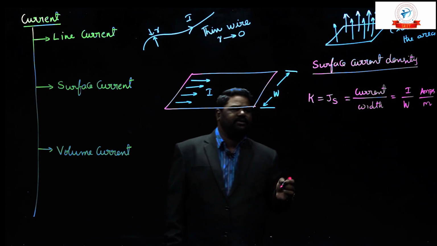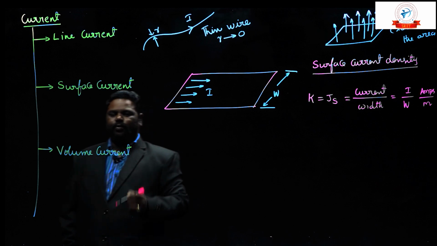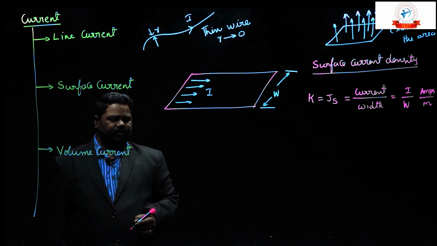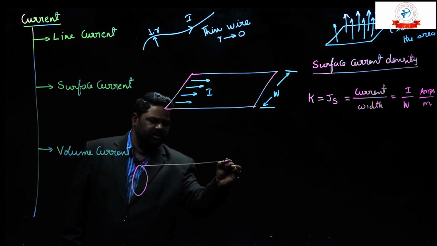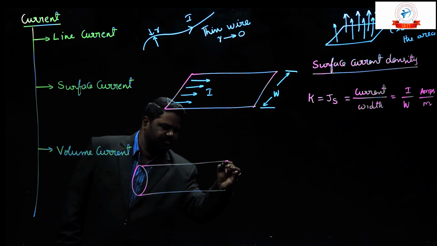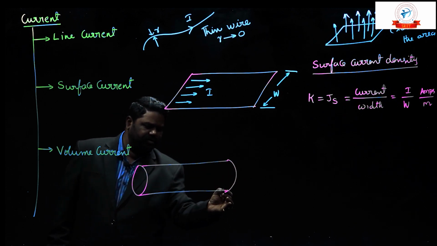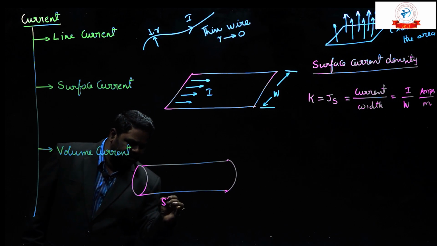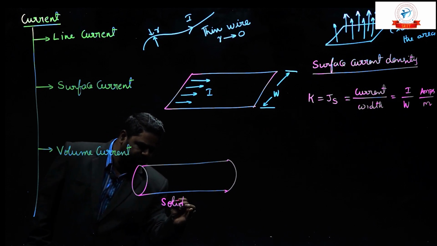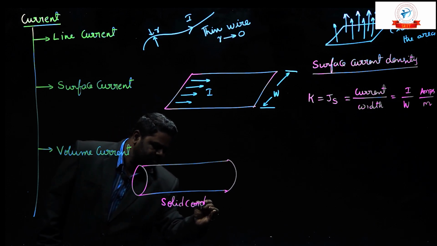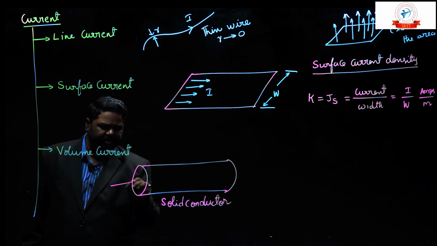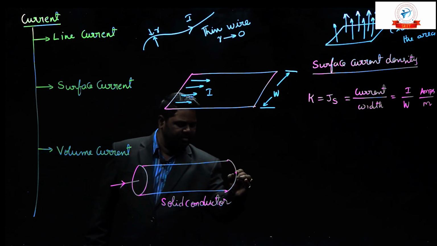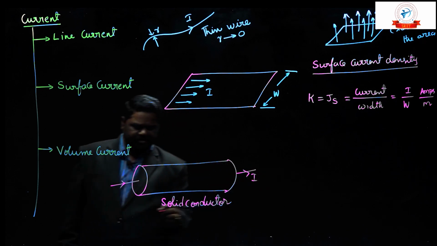So similarly, let us consider volume current. To consider the volume current, let us consider a solid conductor. This is nothing but a solid conductor, and current enters the conductor and leaves the conductor.